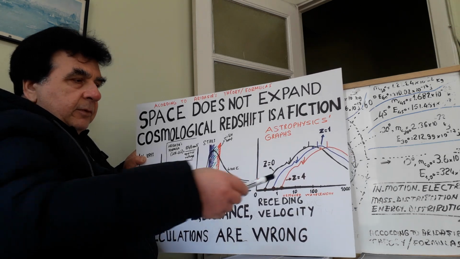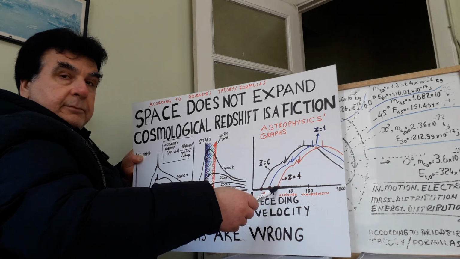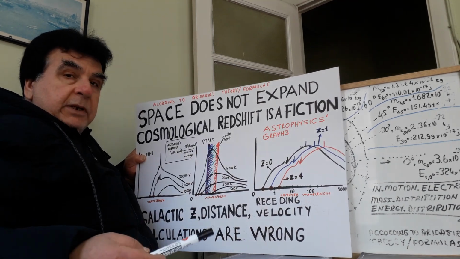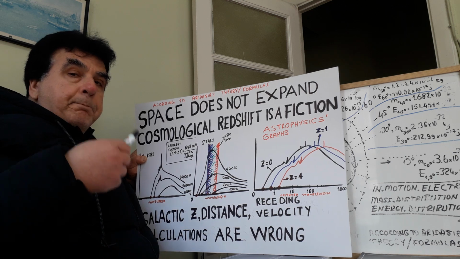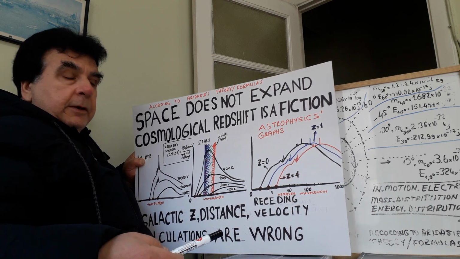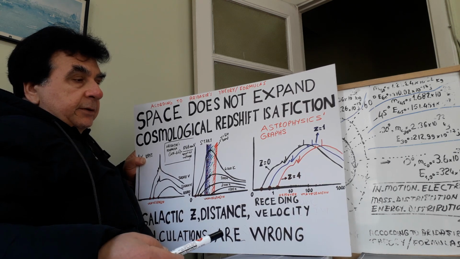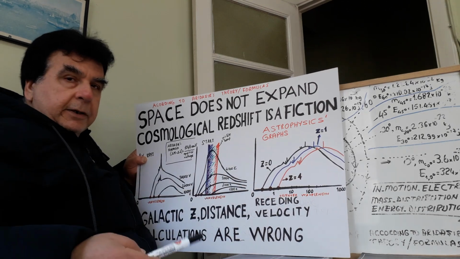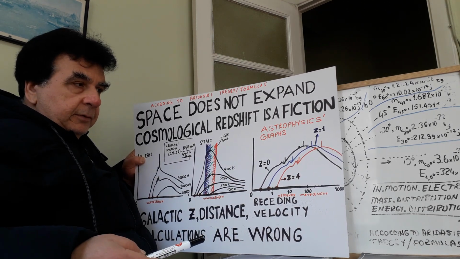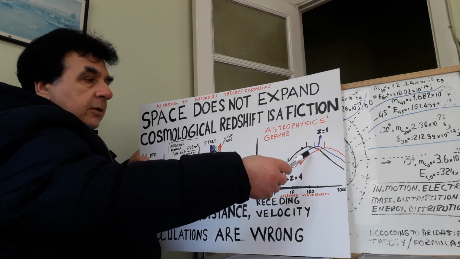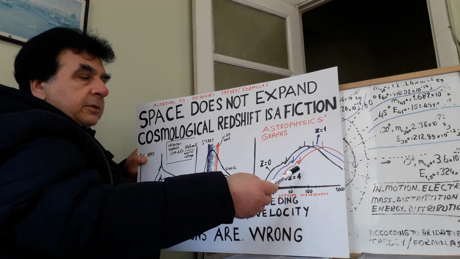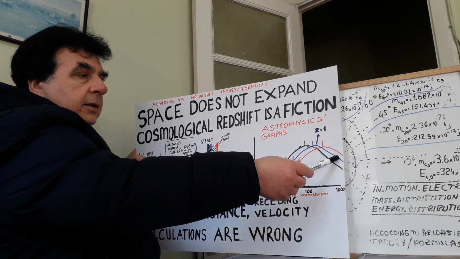For this graph, Z equal 4 represents the greatest velocity of a galaxy or star here. Z equal 4 is greater than Z equal 1.